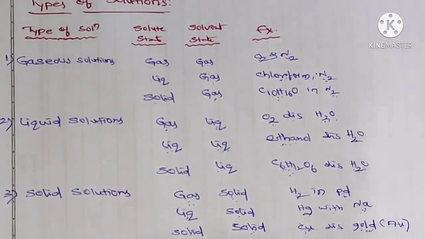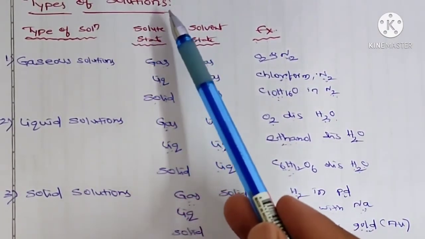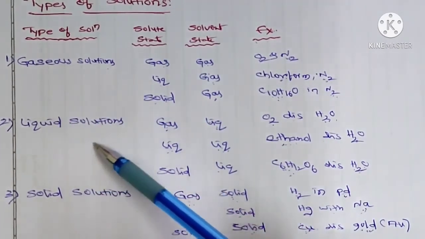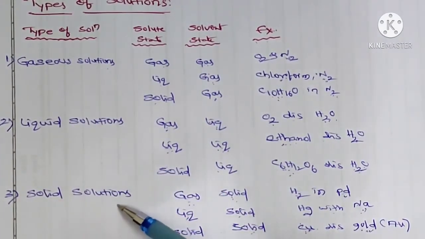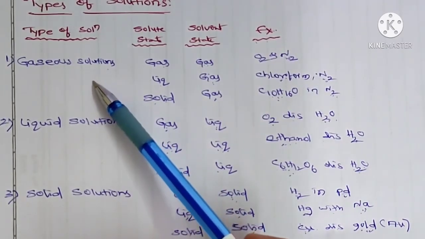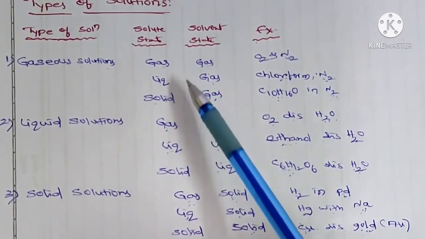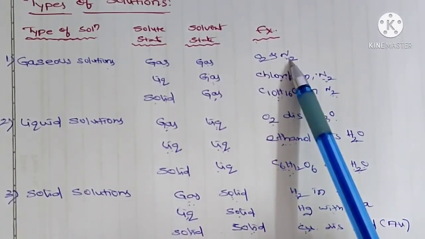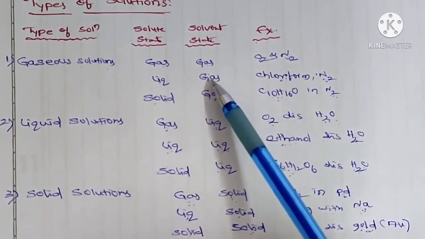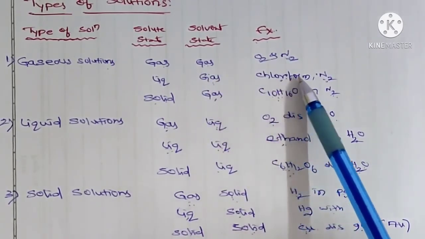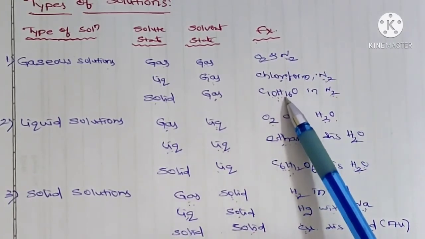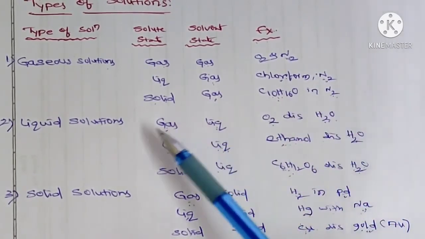So solutions are mainly classified into three types: gaseous solutions, liquid solutions, and solid solutions. Each one is further classified into three types: gases in gases, example O2 in N2, liquid in gases, chloroform in N2, solid in gases, camphor in N2.